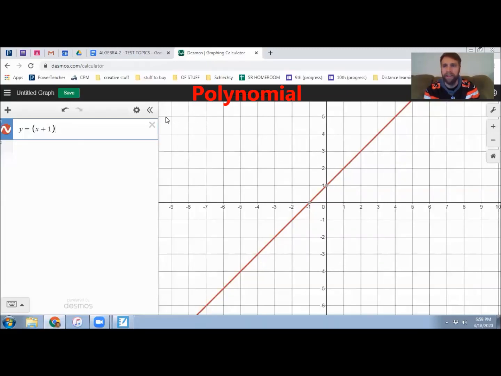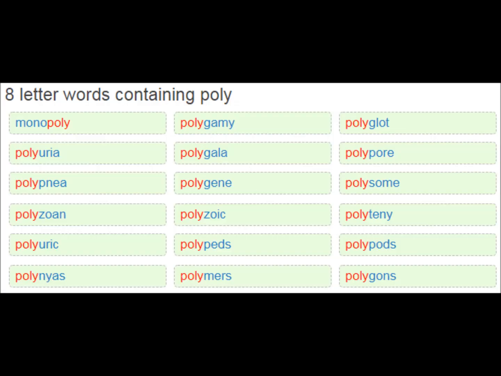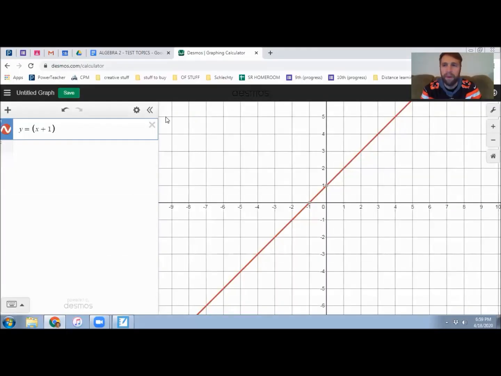Think about the word poly. You might know some other words like monopoly or polyamorous. Polychromatic, I think, is one. Poly means many. So polychromatic means many colors.